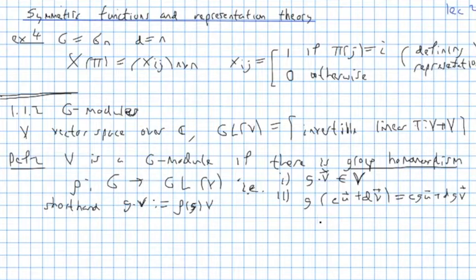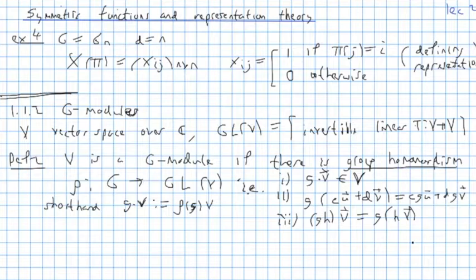And I have a third condition that says that I respect the structure of the group. So if I take the product of two elements GH in the group and I apply that to the vector V, that's the same as first applying H to V and then applying G to that.